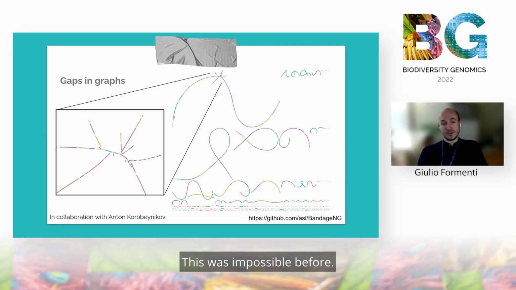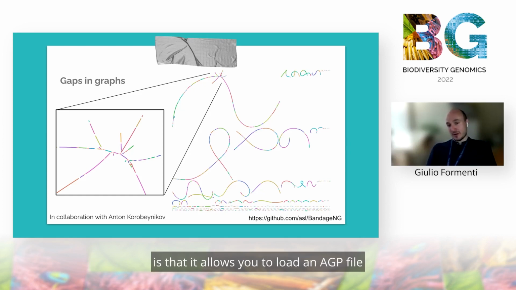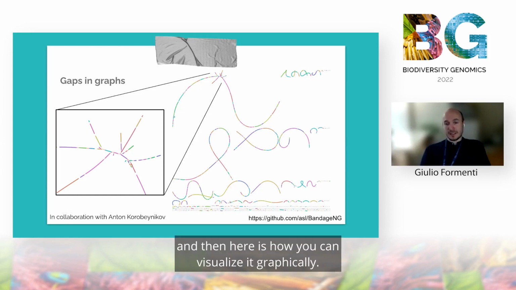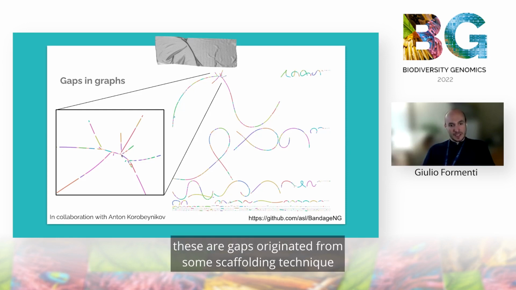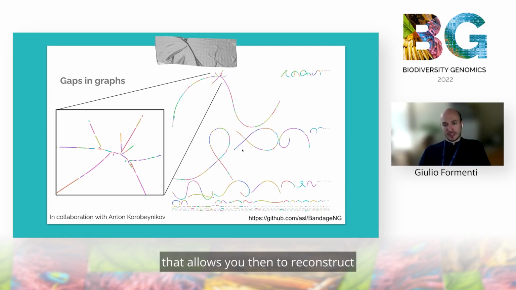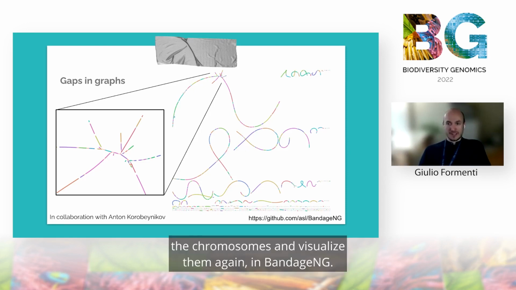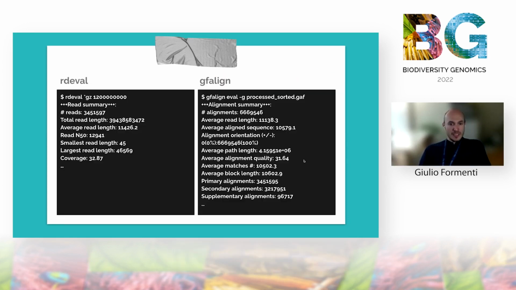This wasn't possible before. What gfastats does is that it allows you to load an AGP file into your assembly graph. And then here is how you can visualize it graphically. Essentially here, the red connections that you can see in the graph are gaps originating from some scaffolding technique that allow you then to reconstruct the chromosomes and visualize them again in Bandage.